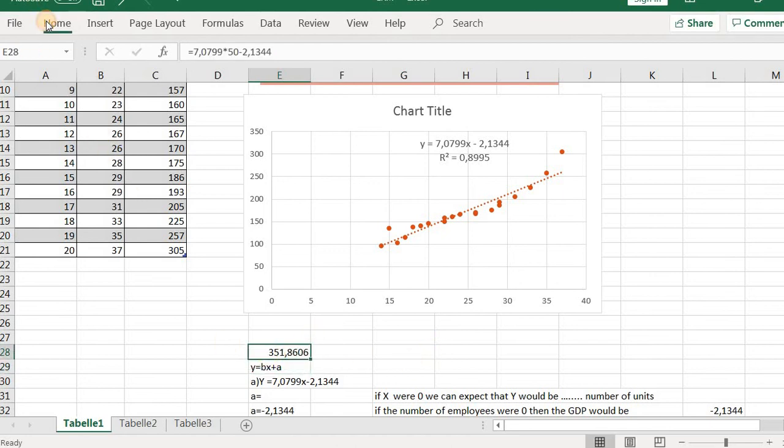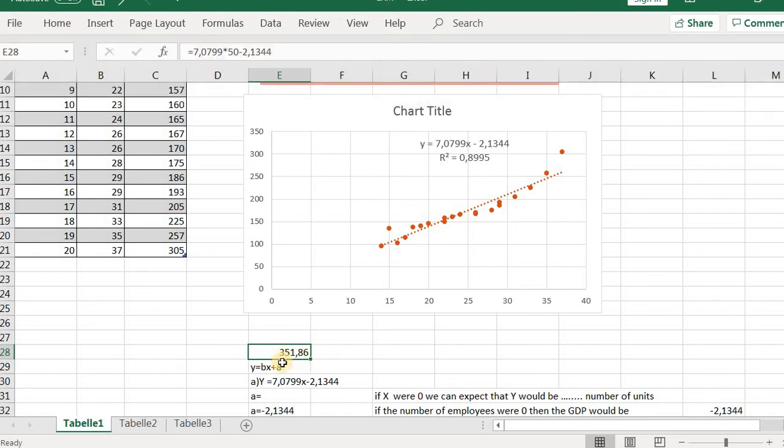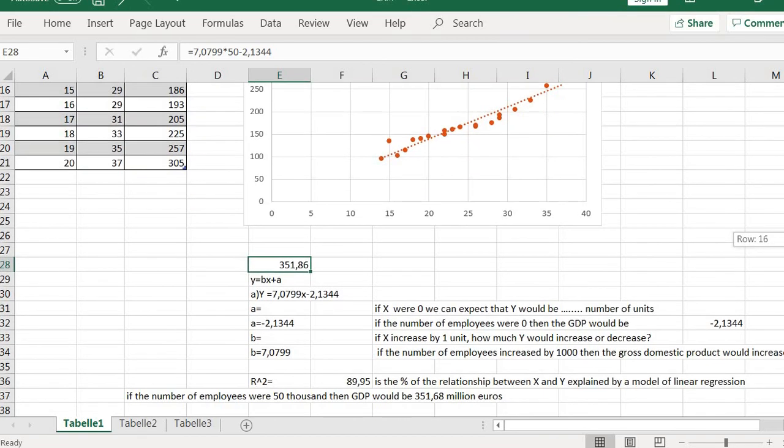We can make it prettier here. Okay, what does this number mean? I already put the explanation here, and it says if the number of employees were 50,000, then GDP would be 351.68 million euros. And that's all.